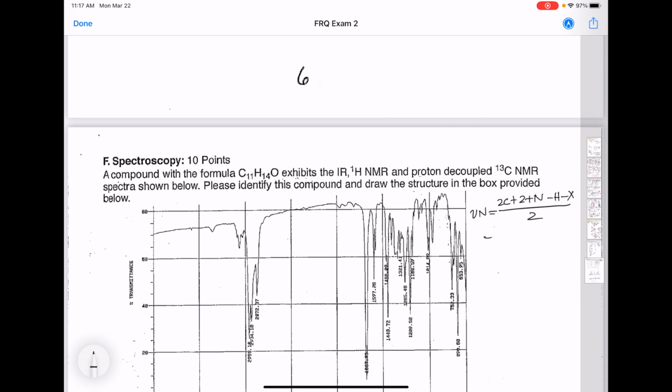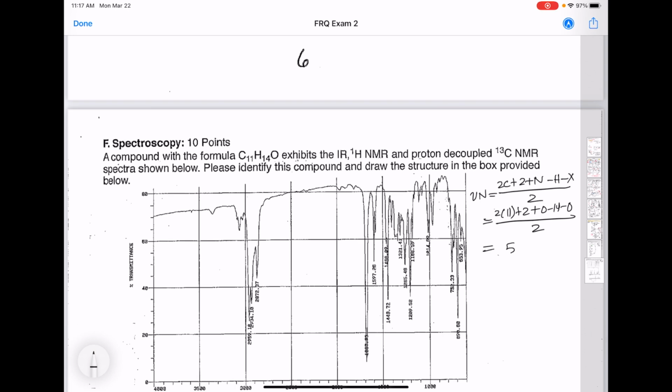So if we look at our formula, C11H14O, and if we plug in the numbers, there's 0 nitrogens, there's 14 hydrogens, and there's 0 halogens. We get 5. So again, this is the total number of double bonds and rings. And this unsaturation number also tells us something else.